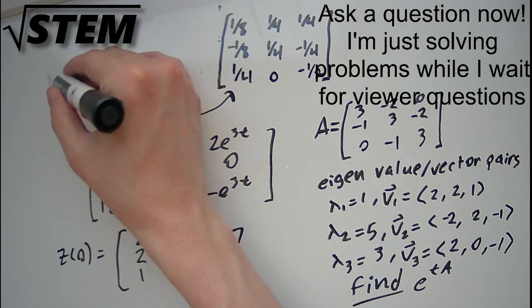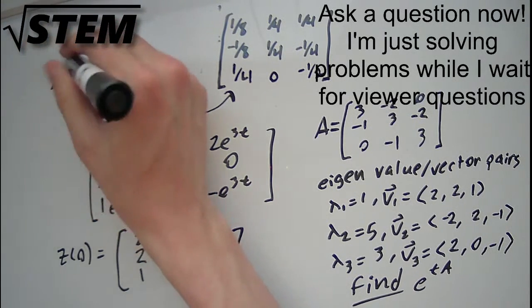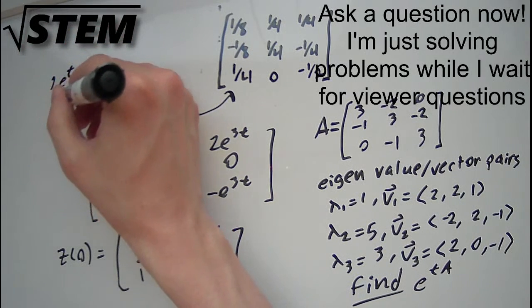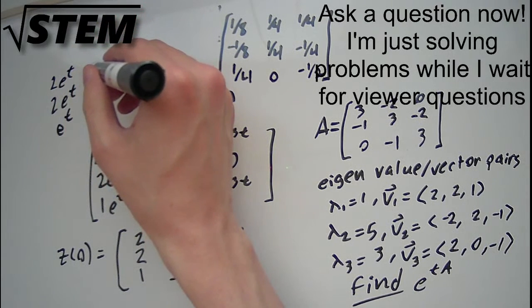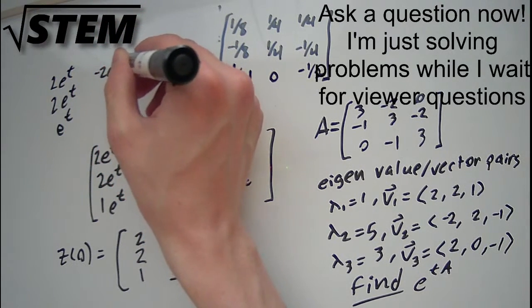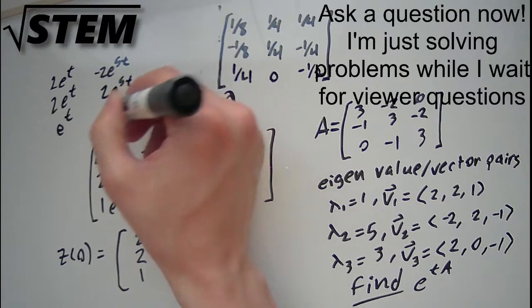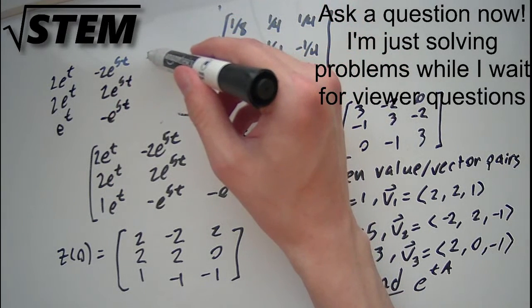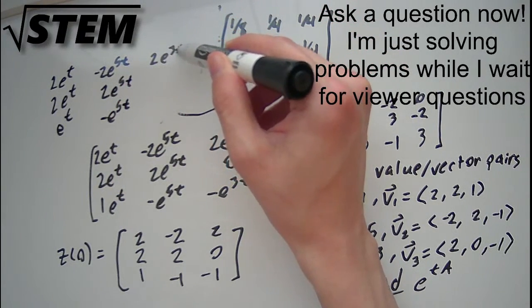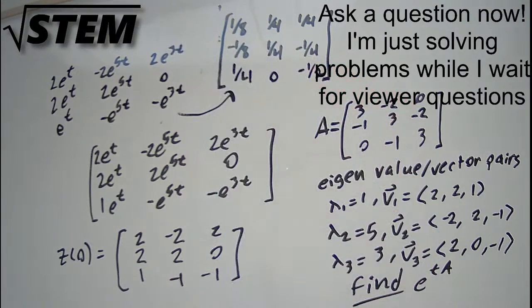Let's start this up here. 2e to the t, 2e to the t, e to the t, negative 2e to the 5t, 2e to the 5t, negative e to the 5t, 2e to the 3t, 0, negative e to the 3t.